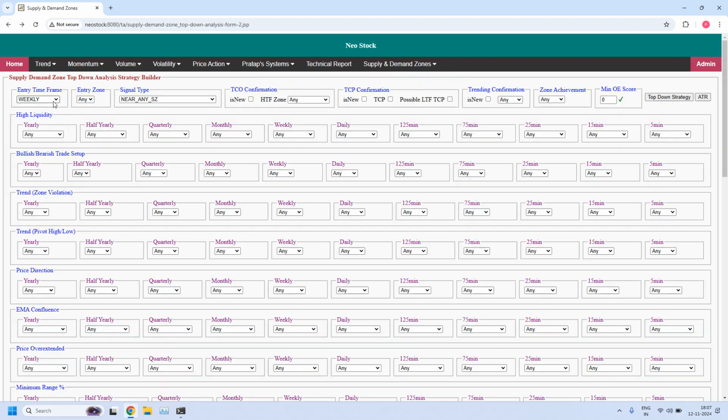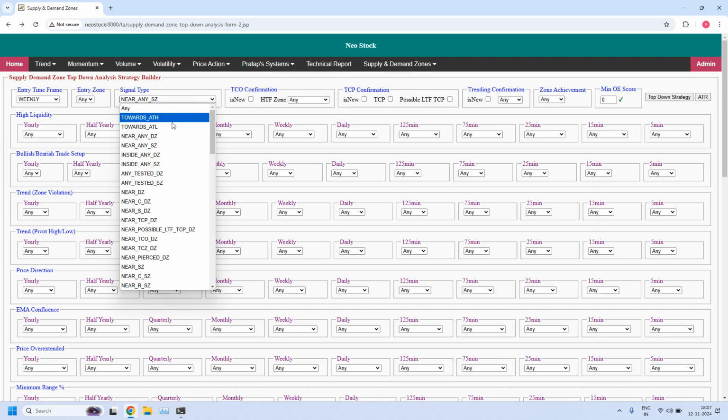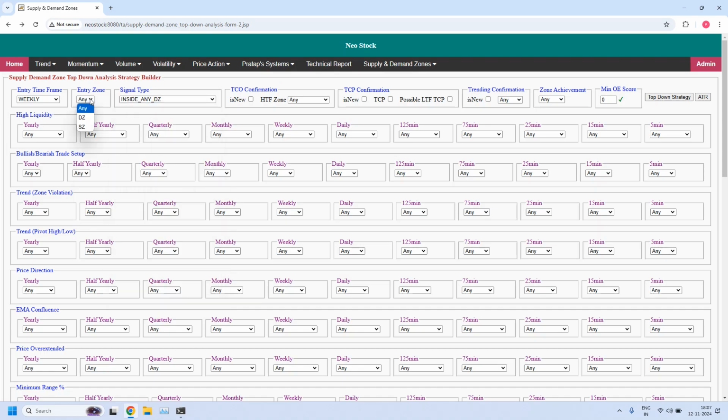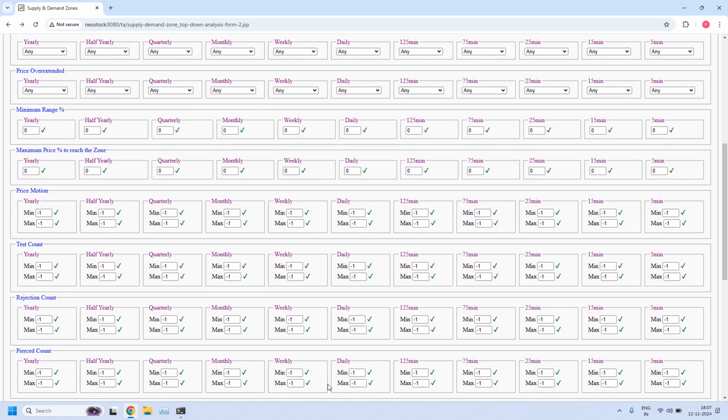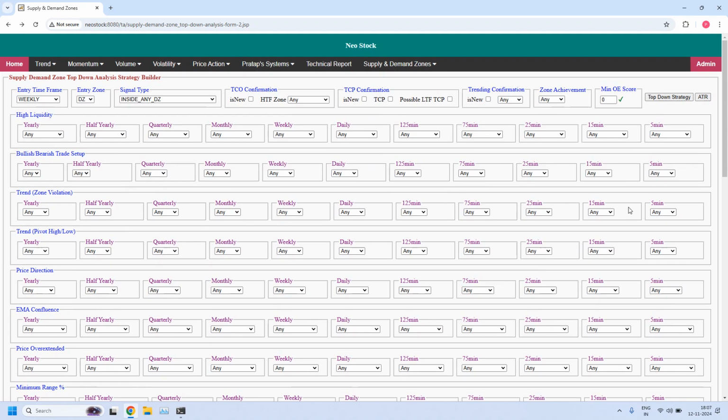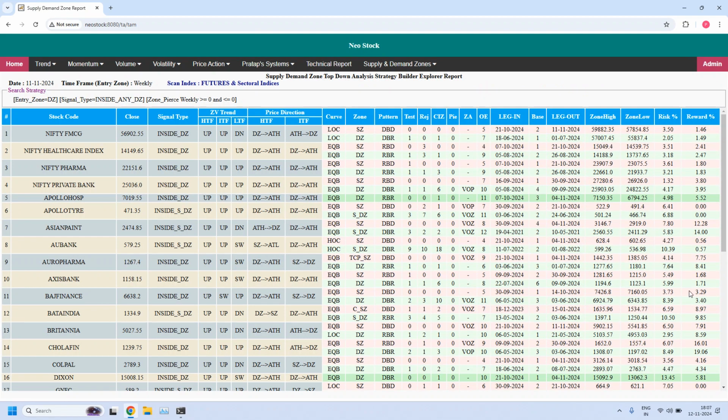Next, for weekly time frame, let us find the stocks where price closed inside the weekly demand zone, and these weekly demand zones should not be pierced. So in the pierced count weekly time frame, I am setting minimum value 0, maximum value 0. That means zone is not pierced. So we got a good number of stocks. These are the first 16 stocks in the list.